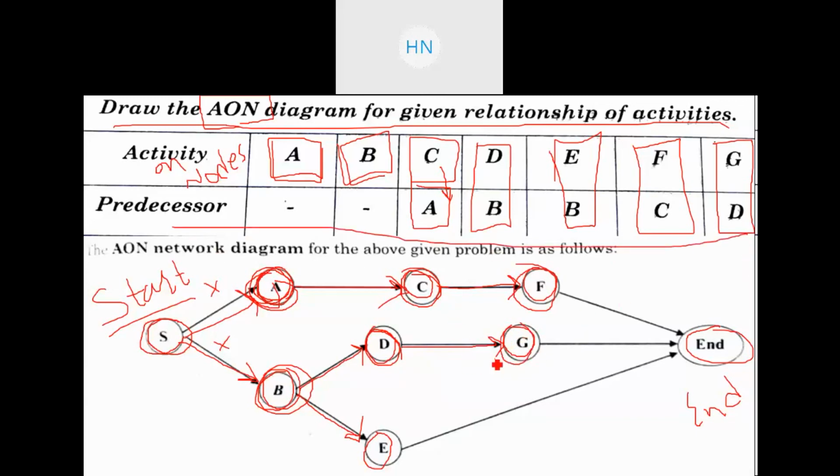But you cannot leave the network like this. You need to end the network at some point. So what you are doing is connecting all these arrows together on one ending node, right? After indicating all the data from the table in the network, you need to end the network at a common point.